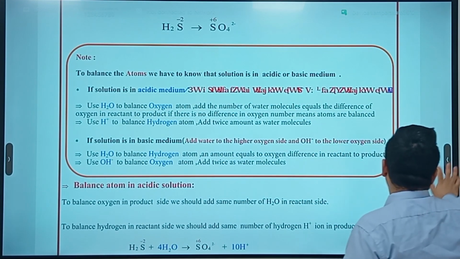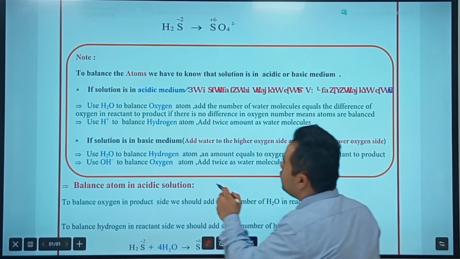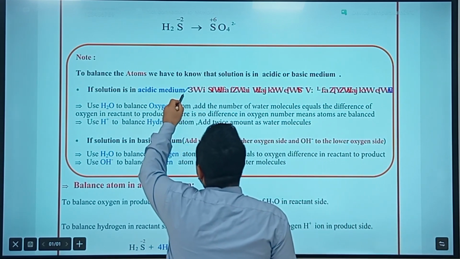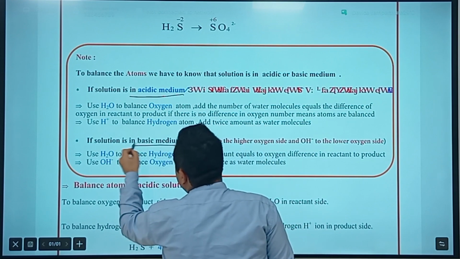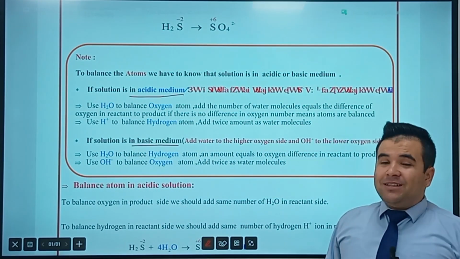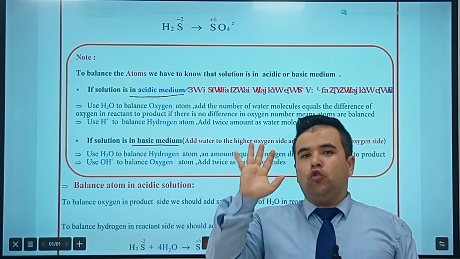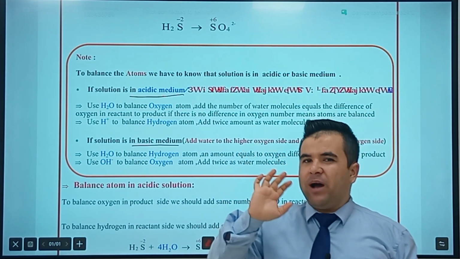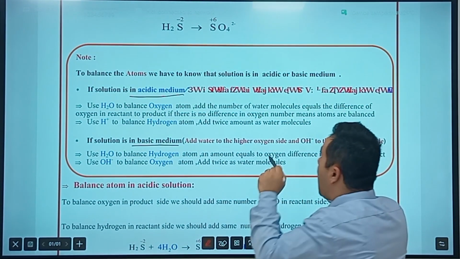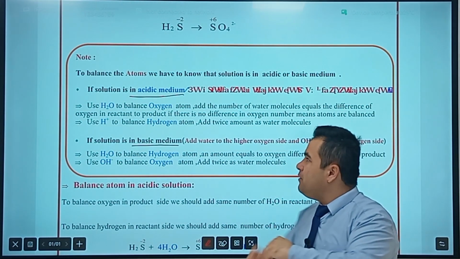To balance atoms, we have to know the medium, acidic or basic. What is added in acidic medium? We add H2O and hydronium, or we can say H2O and proton, H positive. How do we add them?